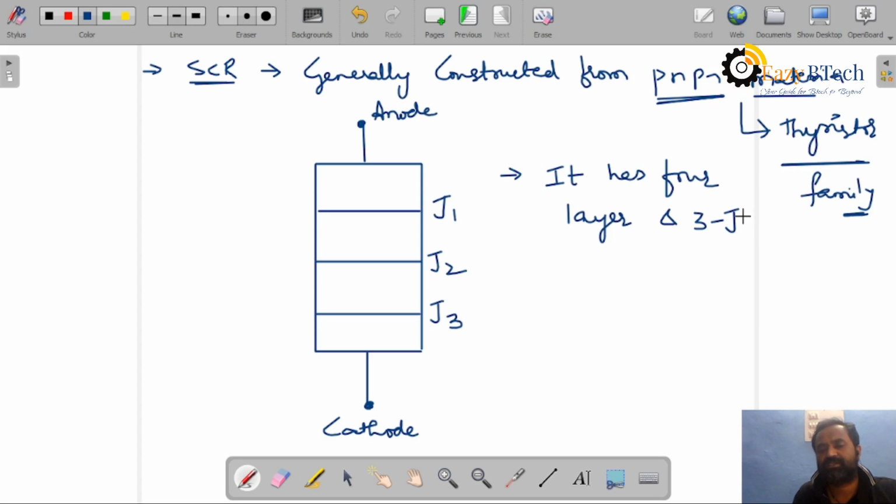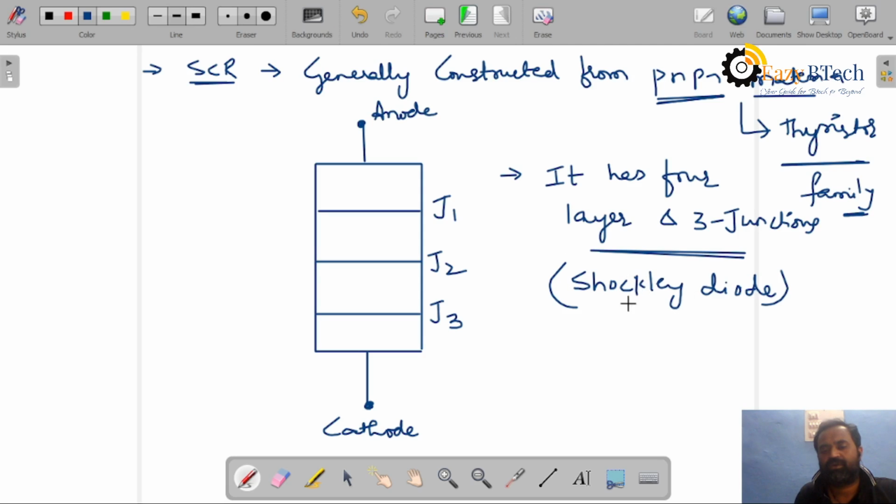Three junctions, four layers. We can represent them as P1, N1, P2, N2.